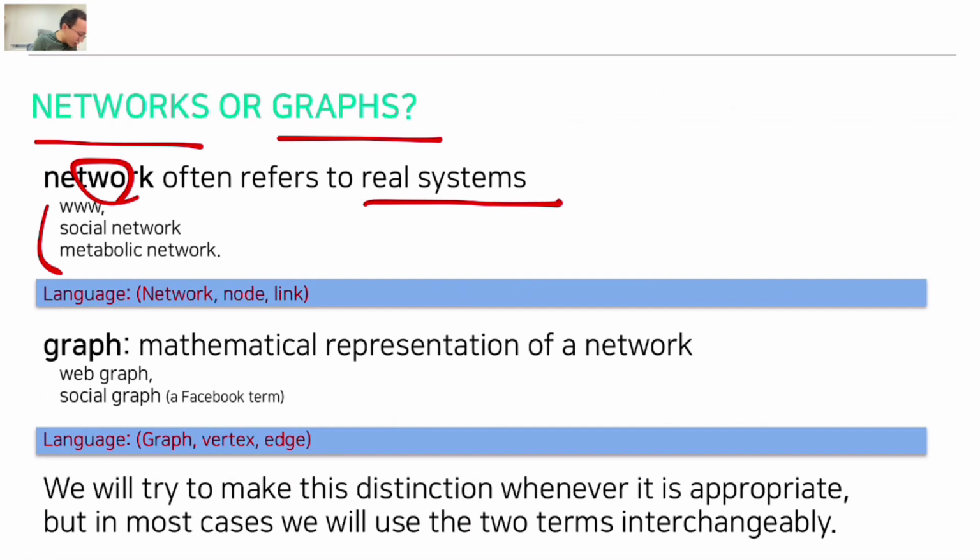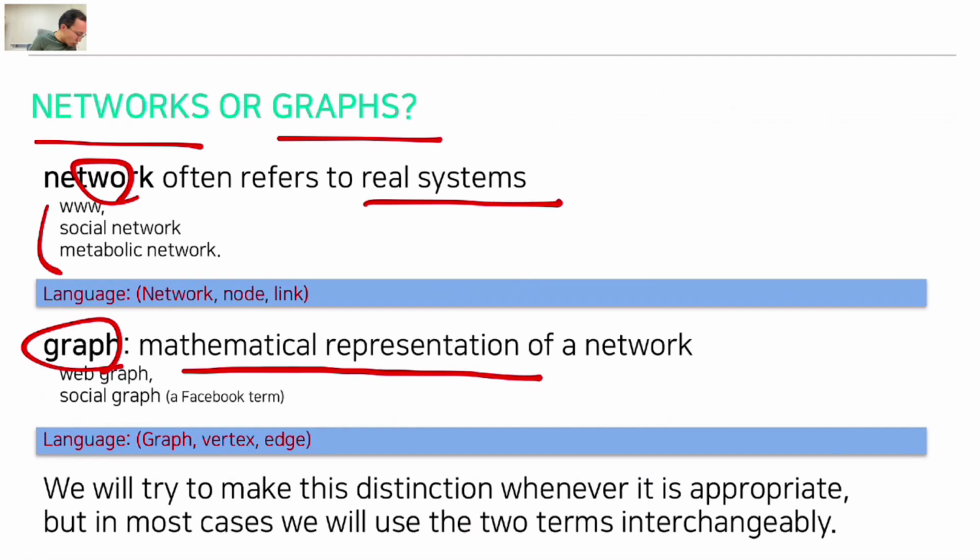We refer to these real systems as networks. Meanwhile, the graph is more likely to be a mathematical representation of a network.